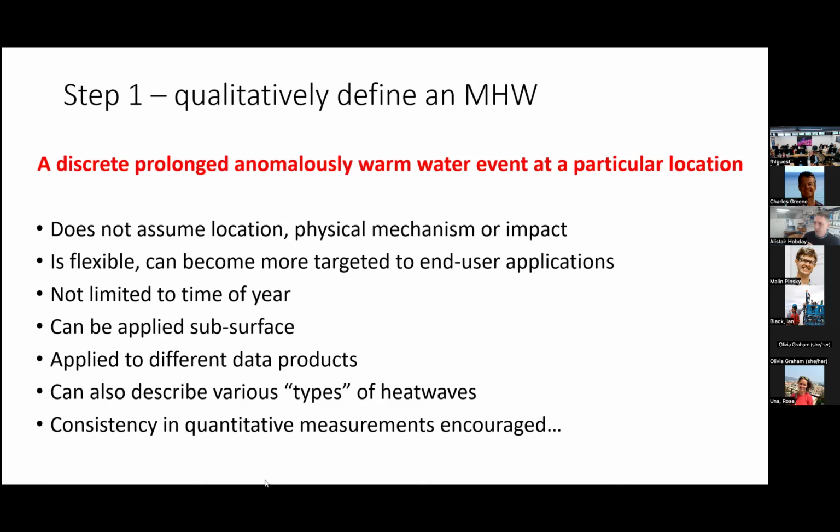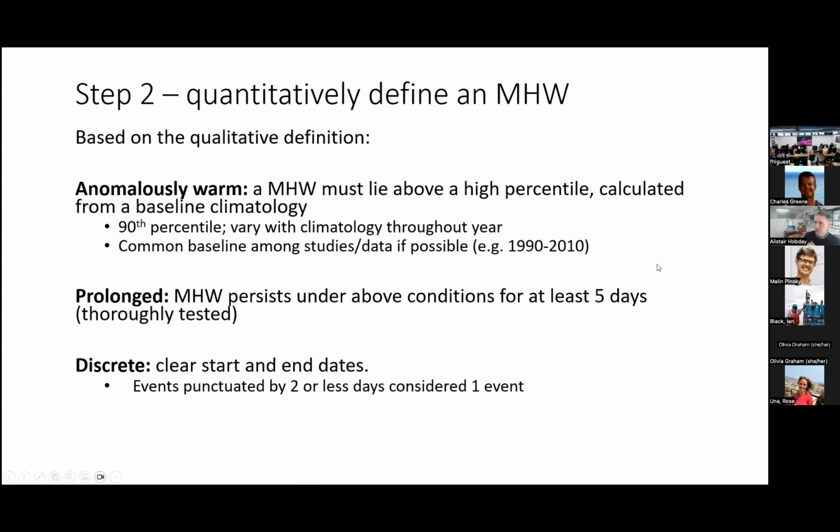After having arrived at a qualitative definition, we were then able to think about how to quantitatively define a marine heat wave. And that was always based on this qualitative definition. So what does anomalously warm mean? We settled on that it must lie above a high percentile calculated from a baseline climatology. And the choice of 90% is somewhat arbitrary.